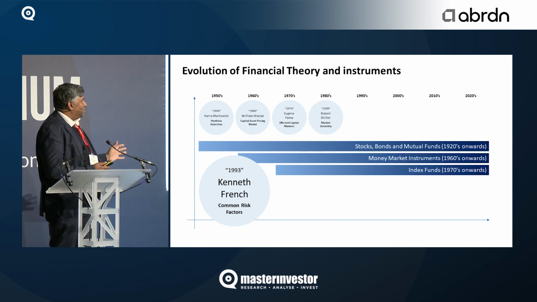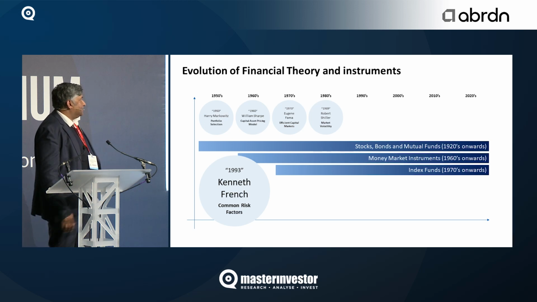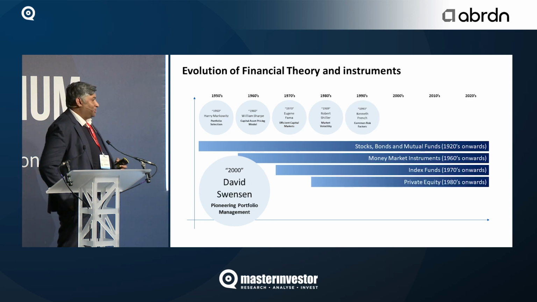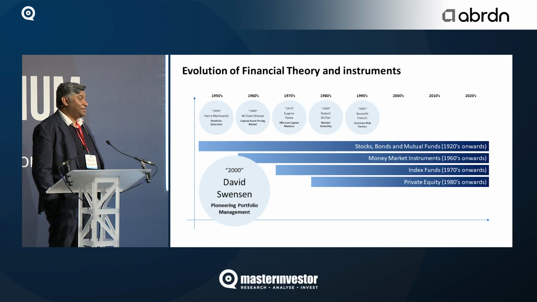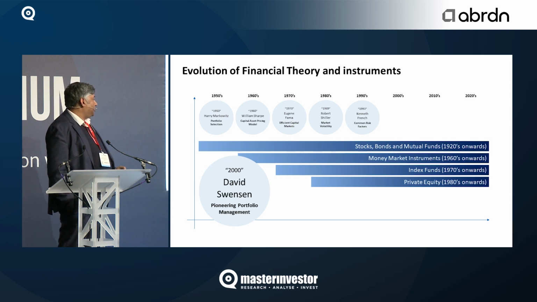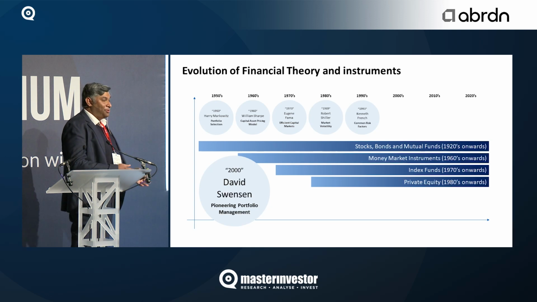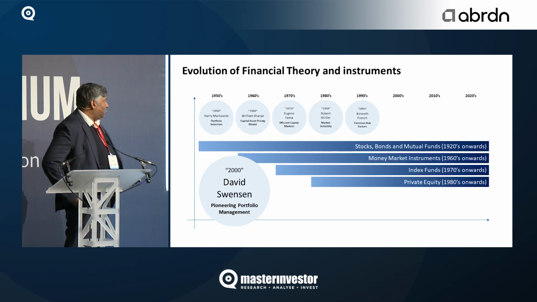So quantitative investing on liquid assets, and now moving into the alternative era, where private equity became mainstream in the 1980s. David Swensen was probably the most famous manager of Yale's endowment fund, and he wrote a book called Pioneering Portfolio Management. In the 2000s, he brought through the idea that alternatives, which included hedge funds, venture capital, private equity, infrastructure, and the theory of active asset management, would generate higher returns.